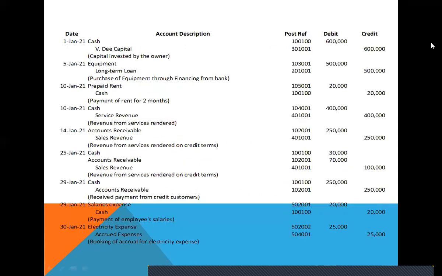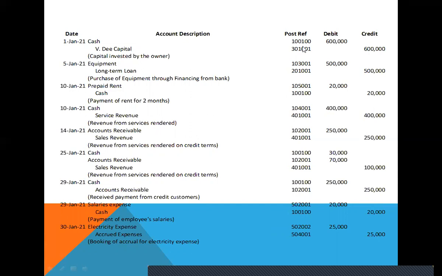Okay, so now we are going to journalize the transactions. Here we have the date, the account description, the post reference, the debit, and the credit, right? The post reference indicates that this transaction in the journal is already being posted in the ledger.